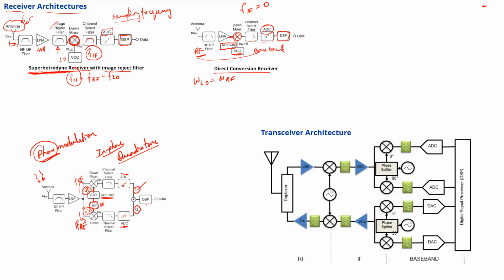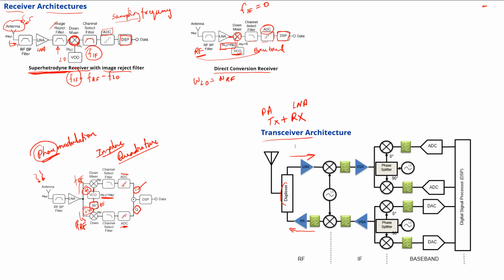So what we see next is what is called a transceiver architecture, which means it has both a transmitter plus a receiver. So like what we discussed in the amplifier videos, a transmitter is going to have a power amplifier, whereas a receiver is going to have a low noise amplifier in the chain. So in essence, the signal as it flows into the system is going to be the receiver, and the part of the system where the signal flows out of the system is going to be the transmitter.